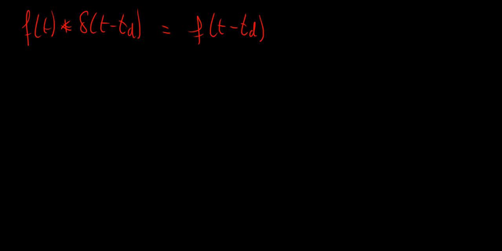And if we convolute our function with a step function, this is actually equal to an integrator, where we're just looking at the integral of our function up until a certain point.